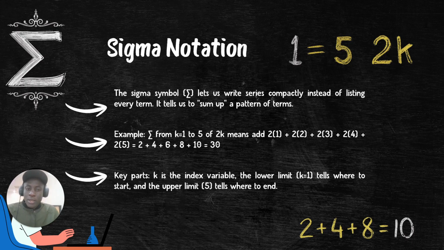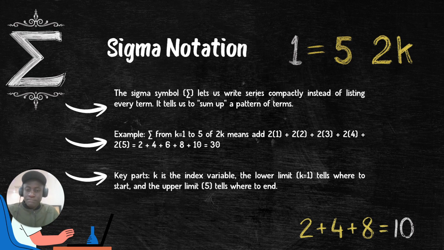Say you want to add from the first term to the fifth term, you use sigma notation. The key parts here: k is the index variable. It varies, because we have k equals 1, k equals 2, up to k equals n, which is the last term.